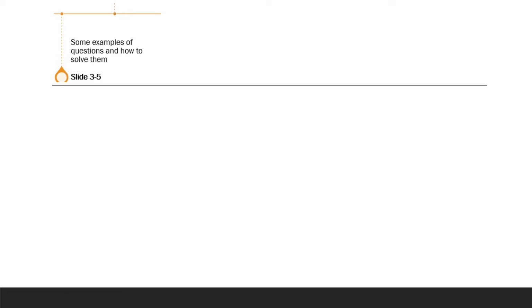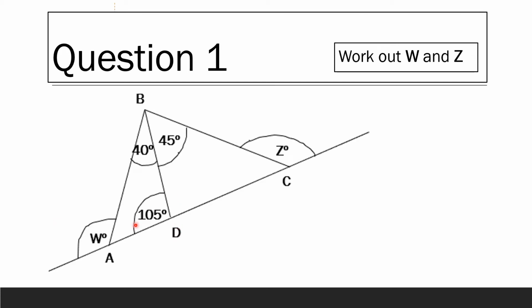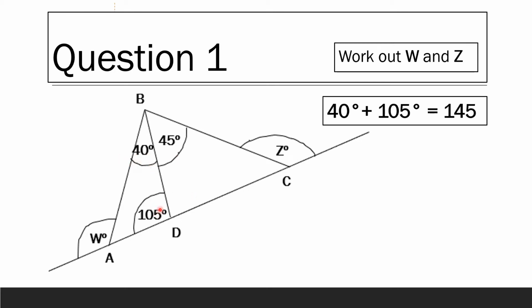Let's move on to question number 1. We have to work out the value of W and Z in this example. So W and Z are lying outside, so they are called the exterior angle of these two triangles. So 40 plus 105 degrees is equals to 145 degrees.